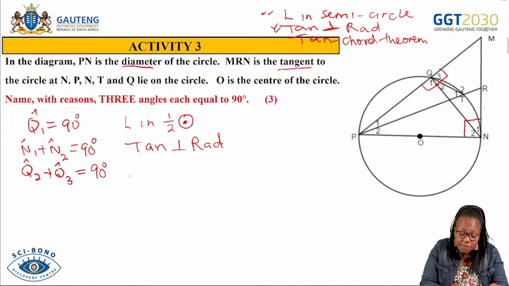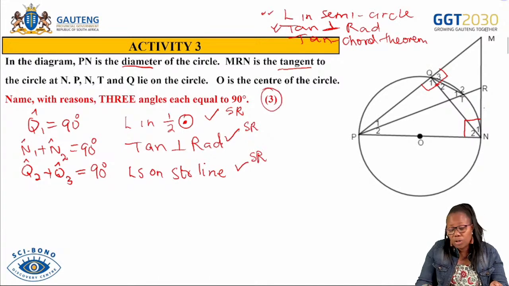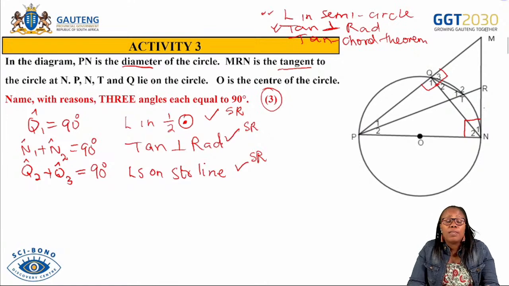Where does it come from? From the angles on a straight line. Bring on those reasons, great Charles. For each statement, there must be a reason. That means to get this mark here, your statement and reason must be correct. The mark is for both statement and reason, in order to get that full 3 marks.